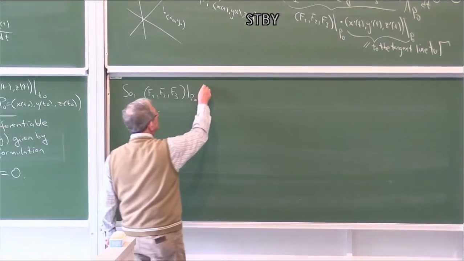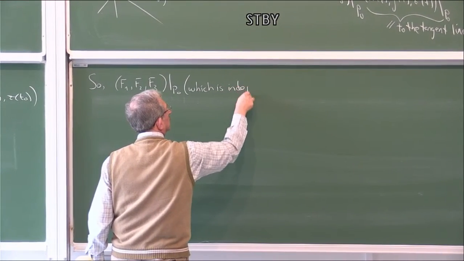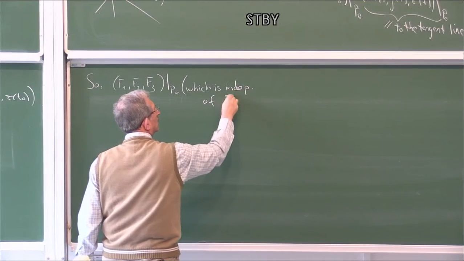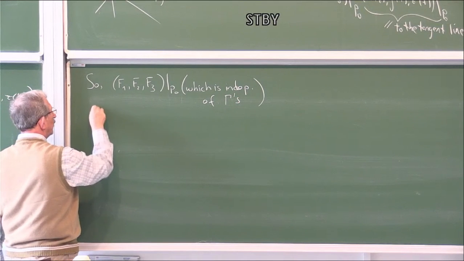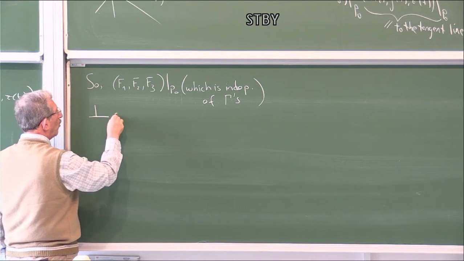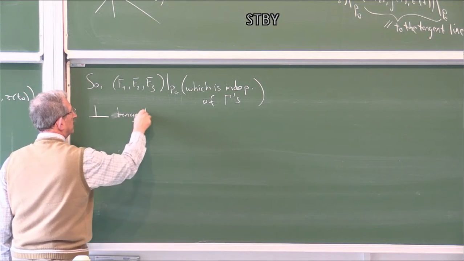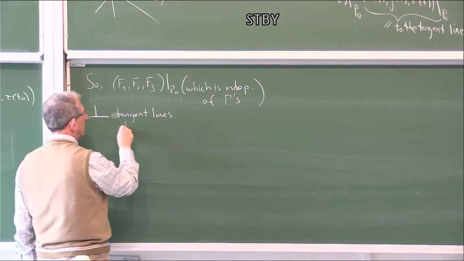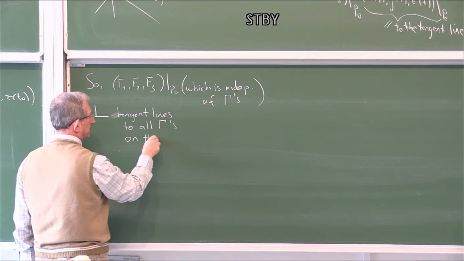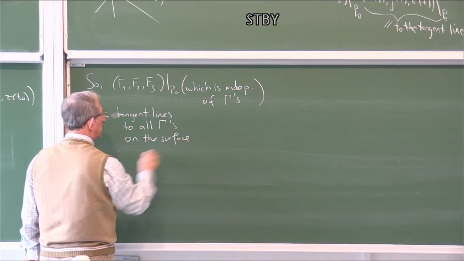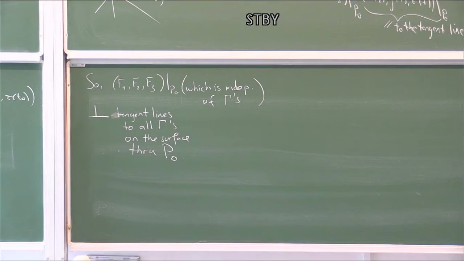So this, which is independent of gamma, is perpendicular to the tangent lines to all gammas on the surface through P0.